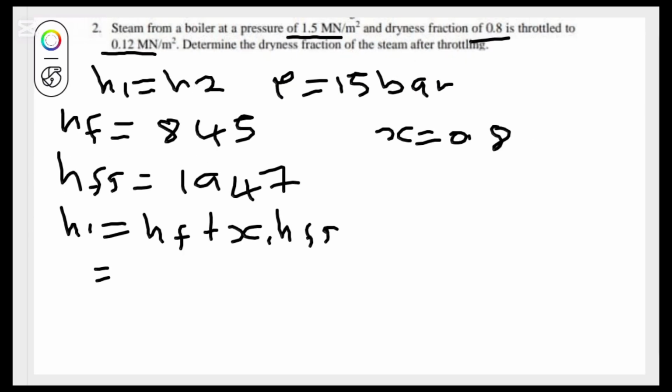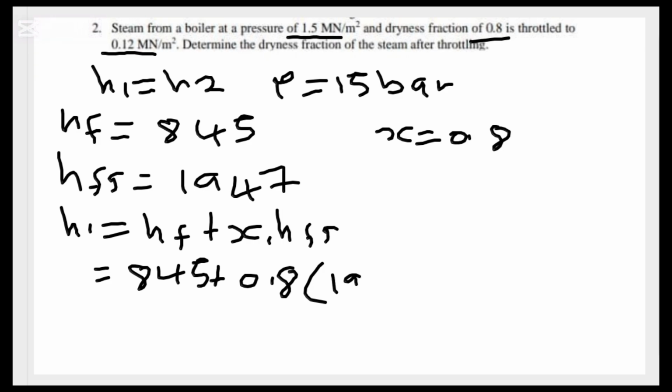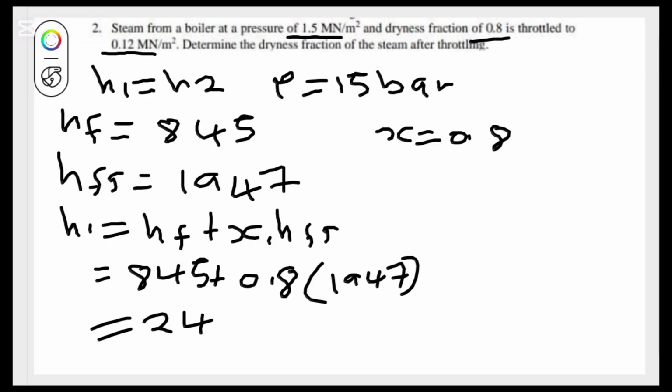This will be 845 plus 0.8 multiplied by 1947. At the end, I will get 2402.6 kilojoule per kg.